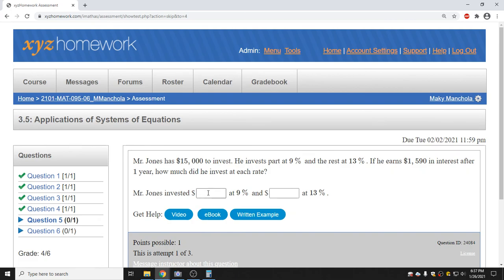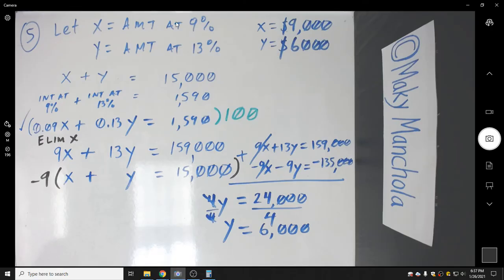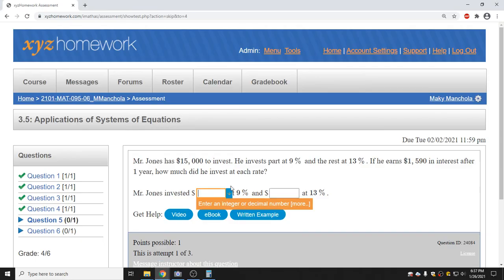Mr. Jones invested at 9%, remember, at 9%, $9,000. And at 13%, $6,000. Let's check.